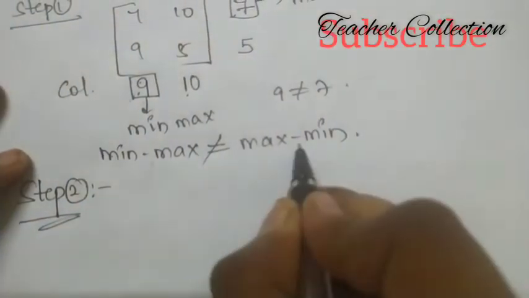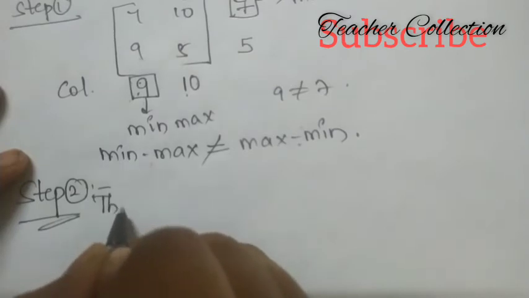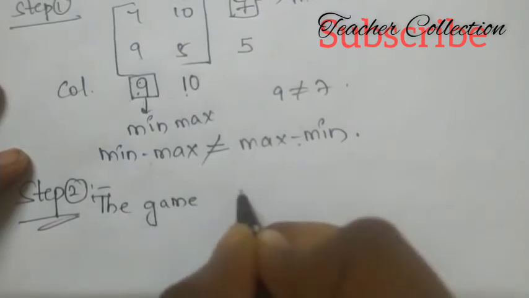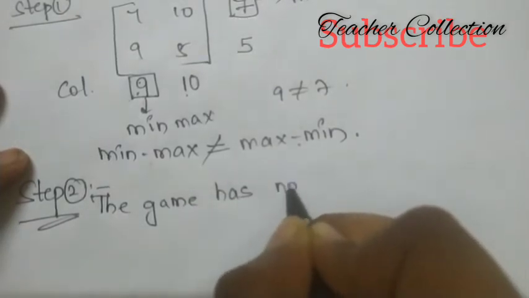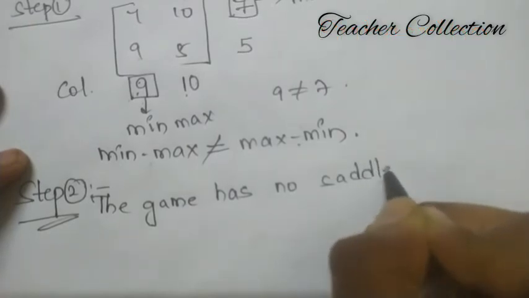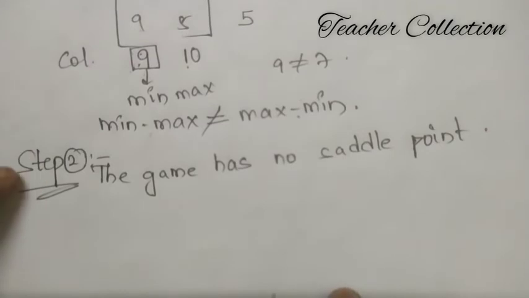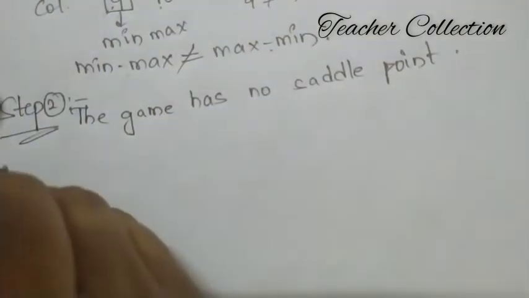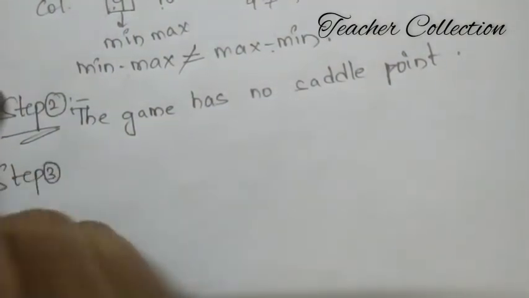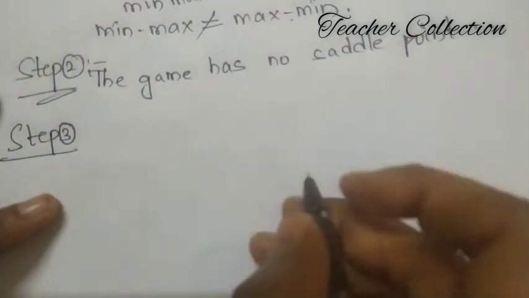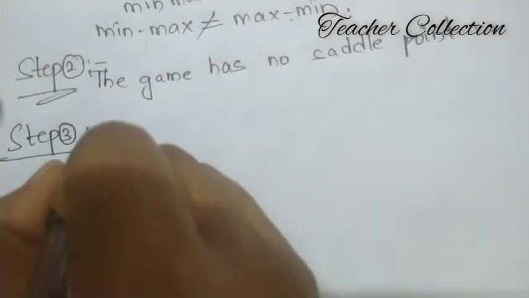So step 2: if both are not equal, then we say the game has no saddle point. Now step 3 is we have to find oddments.